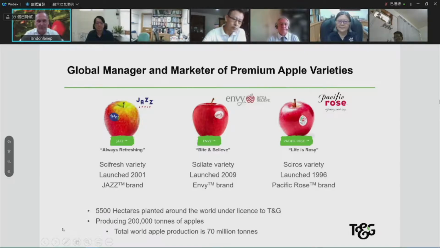We are also the global manager and marketer of some premium apple varieties, which are very popular with consumers around the world.